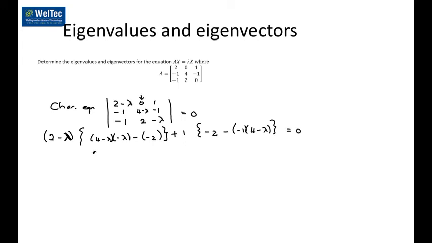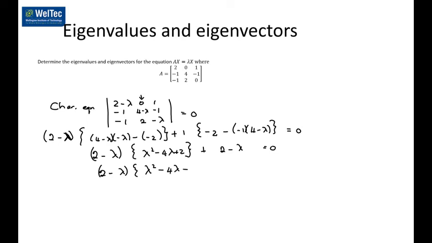So 2 minus lambda, and what have we got left? If we expand all of that, and we've got a common factor of 2 minus lambda out of the first term, we've got lambda squared minus 4 lambda plus 2, plus 2 minus lambda equals 0. So 2 minus lambda, and if we take it all out and factorize it, then we get lambda squared minus 4 lambda plus 3 equals 0.